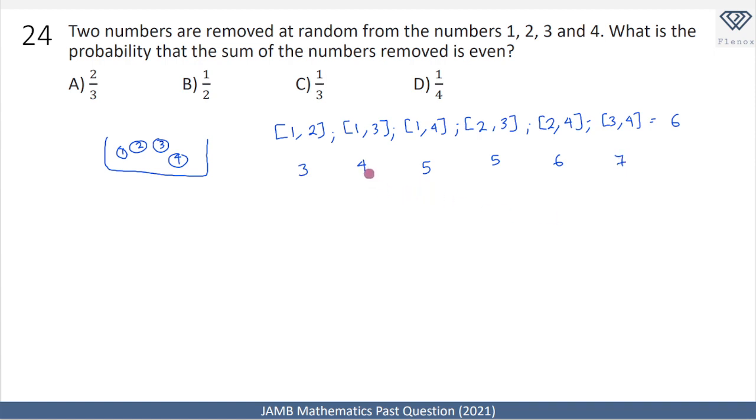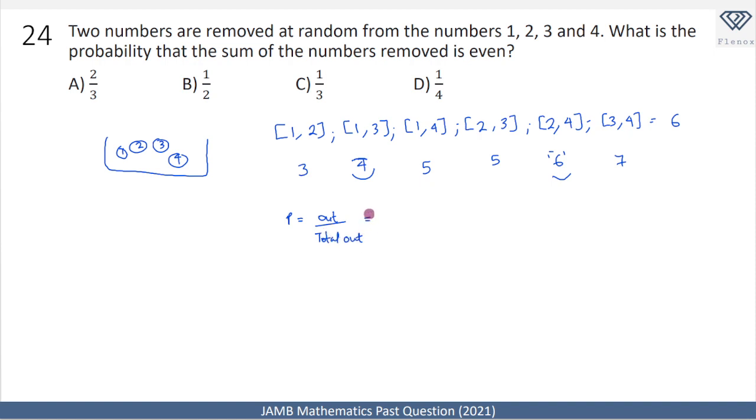You can see that the only times in which I can take 2 numbers whose sum is even is if I take 1 and 3, because that gives me 4, which is an even number, and if I take 2 and 4, because that gives me 6, which is an even number. The remaining are odd numbers. So remember that the probability is equal to the number of outcomes over the total possible outcomes.